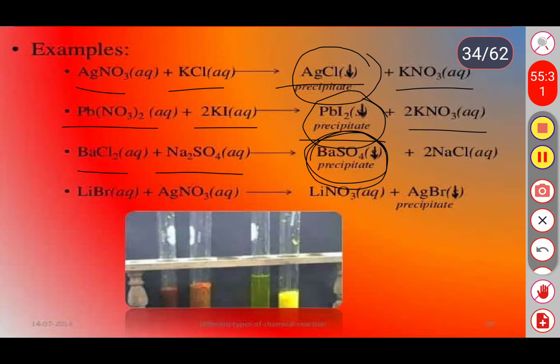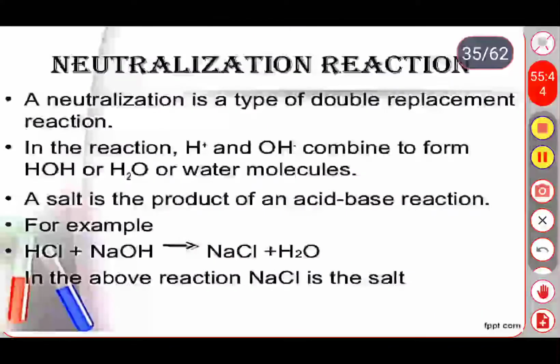Next one, neutralization reaction. So what do you mean by the neutralization reaction? The process in which an acid reacts with a base to form salt and water is known as a neutralization reaction. Simply, when acid is combined with a base, it forms salt and water.